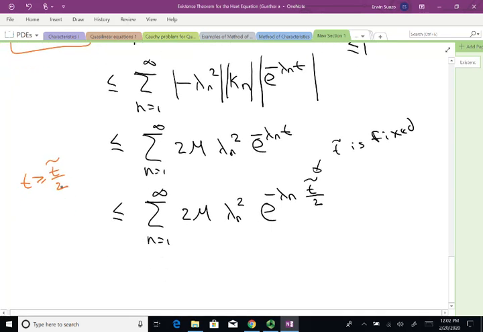So if this is from your calculus again, since this one is decreasing, e to the minus lambda n t is less or equal to e to the minus lambda n t bar divided by 2, because it's decreasing. Okay, so the lambda n doesn't matter.